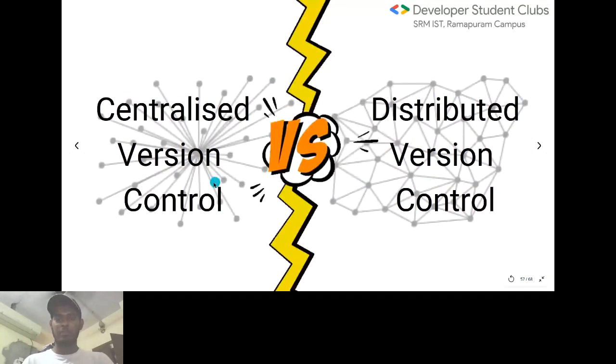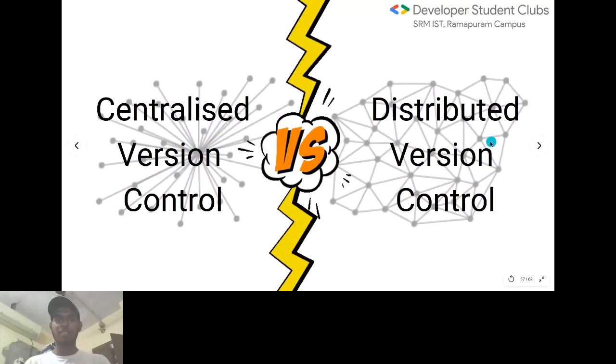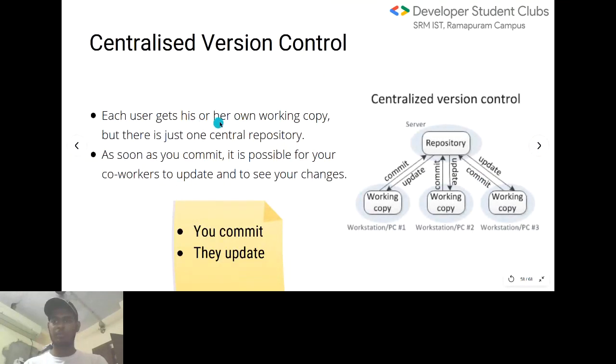Next is types of version control. There are two types: one is centralized and another is distributed. In centralized version control, there is only one main repository. In the last example, the PUBG example, we created our own repository, and that is distributed version control.